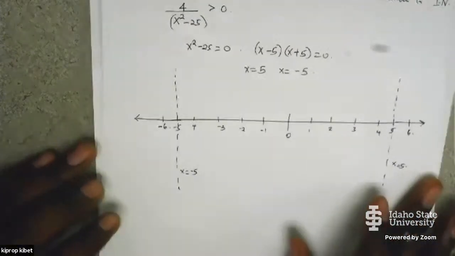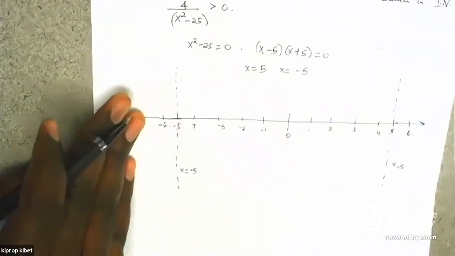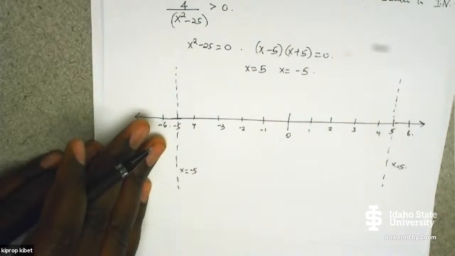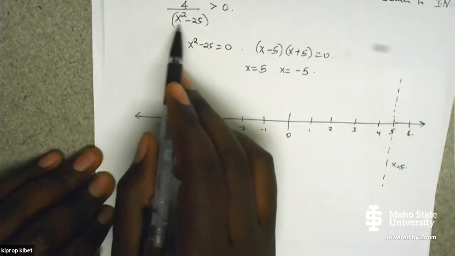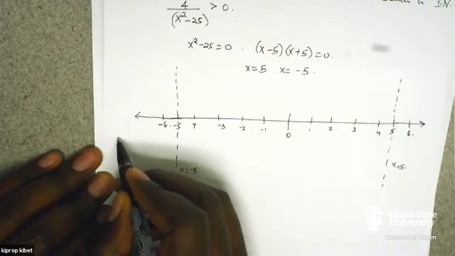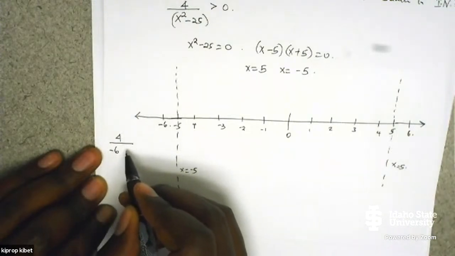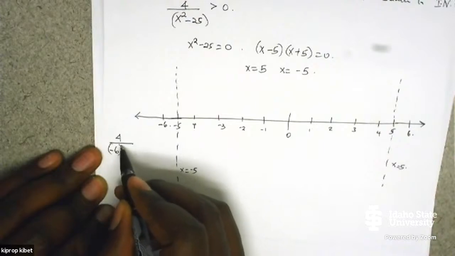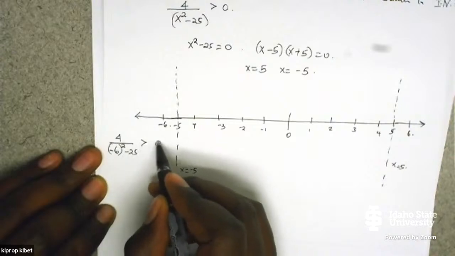So you take any value before negative 5, say x equals to negative 6. So it would be 4 all over negative 6 squared minus 25. Is it greater than 0?